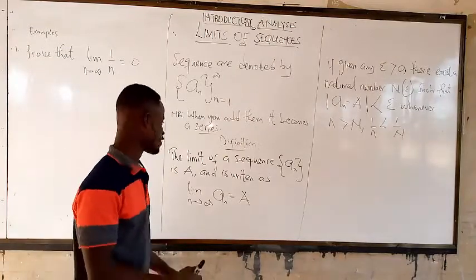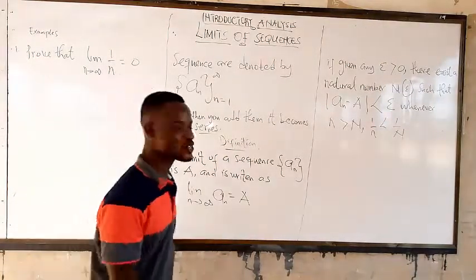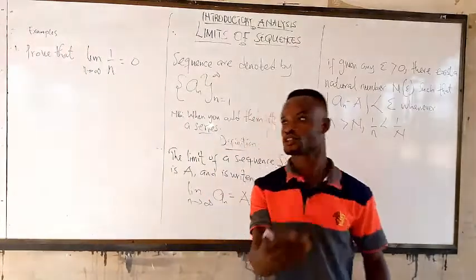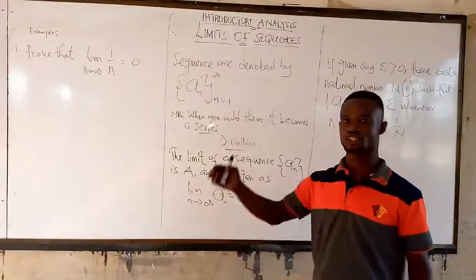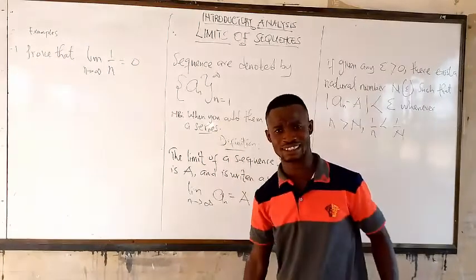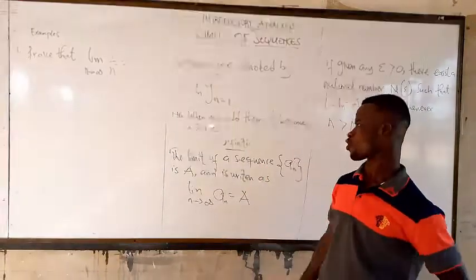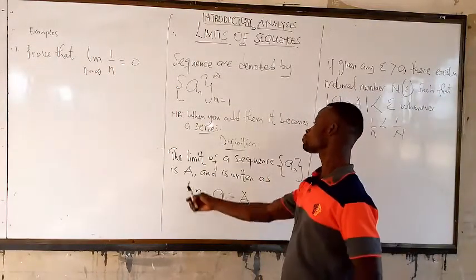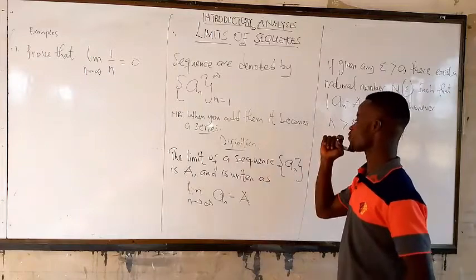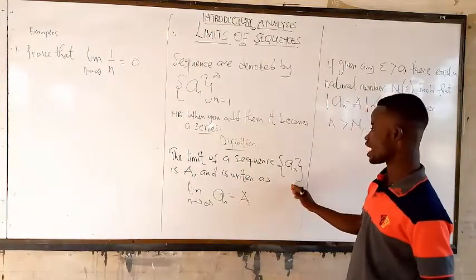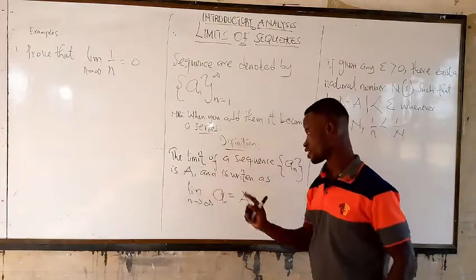Now, as I said, the whole of this course is all about theorems, definitions, and a lot about solving more questions also. So the limit of a sequence a of n is a.